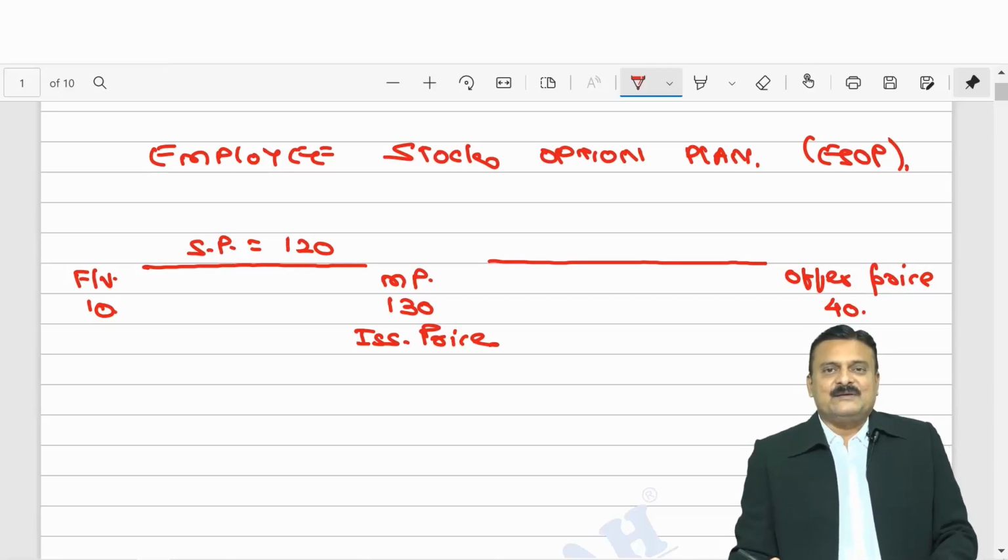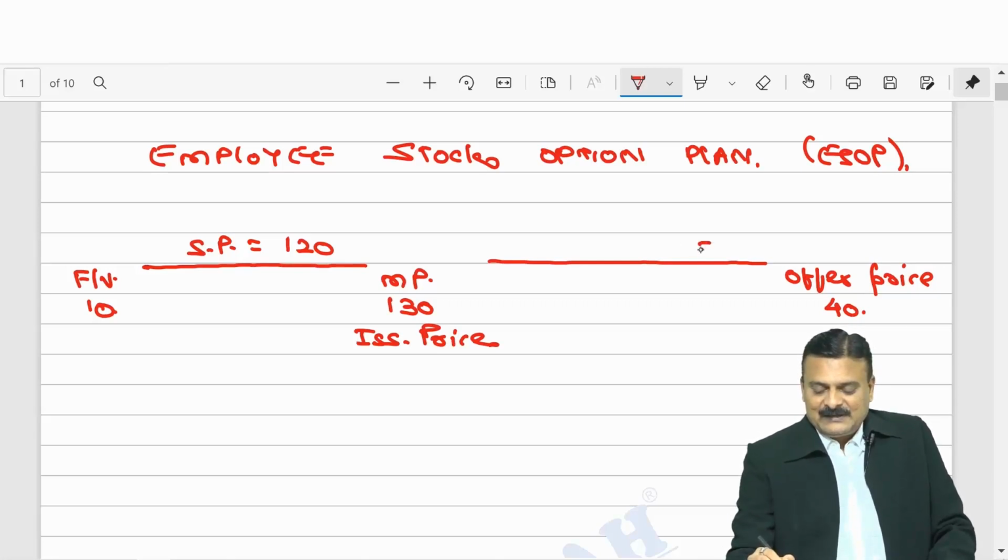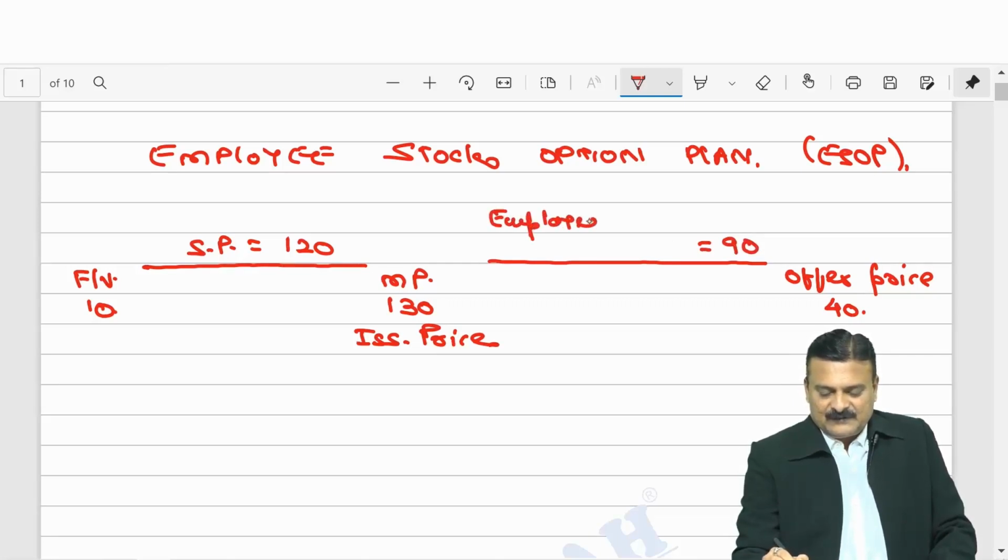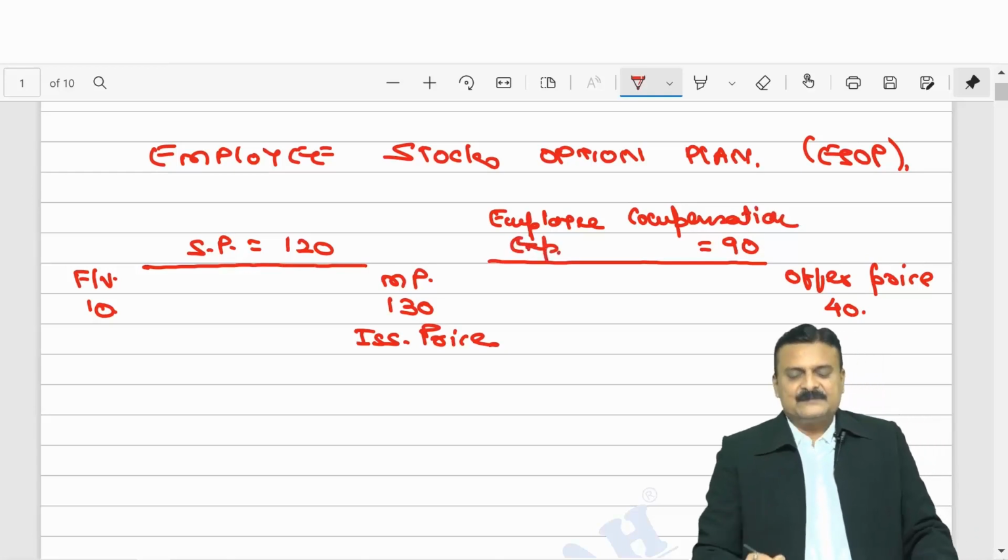What does this mean? Company giving shares at 130 but collecting from employees only 40 means the company itself will bear the remaining 90 as an expense, and this 90 expense shouldered by the company is called employee compensation expense.